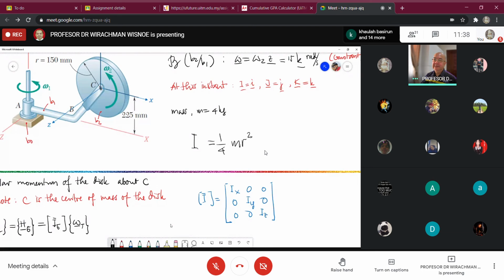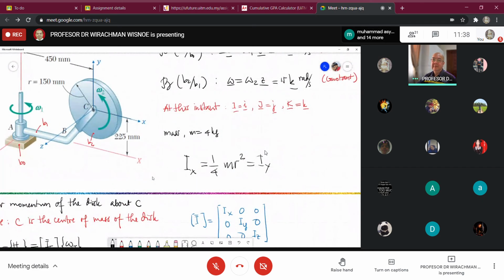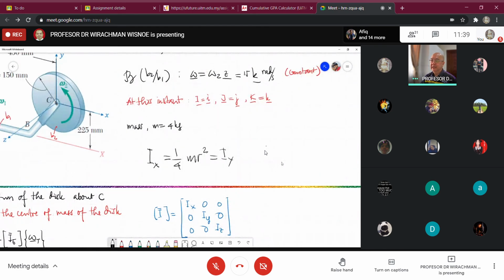So in this case, Ix or Iy. For the axis perpendicular to the surface of the cylinder, I is 1/2. This one you need to know. In this case, perpendicular is Z, 1/2 mr square.